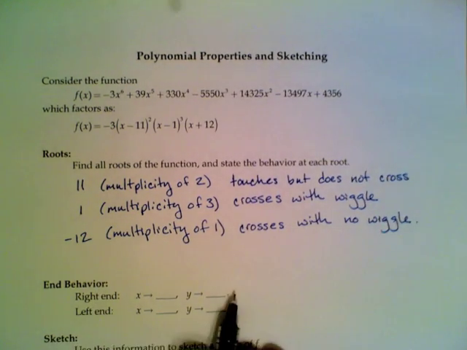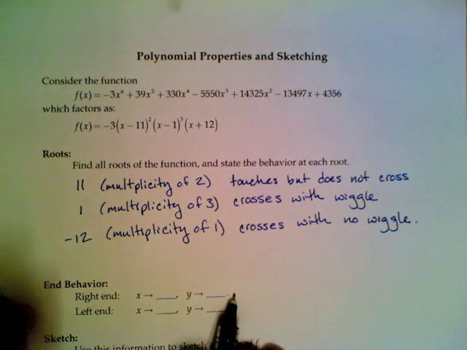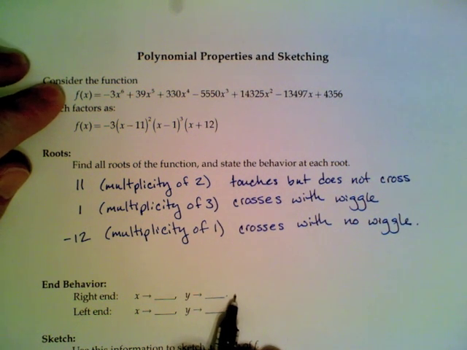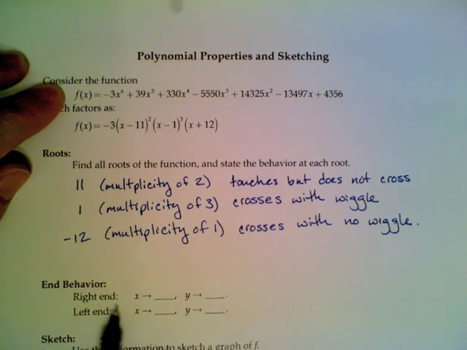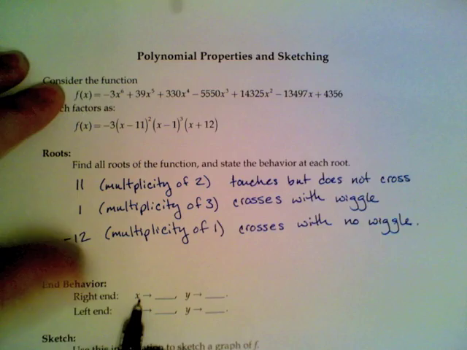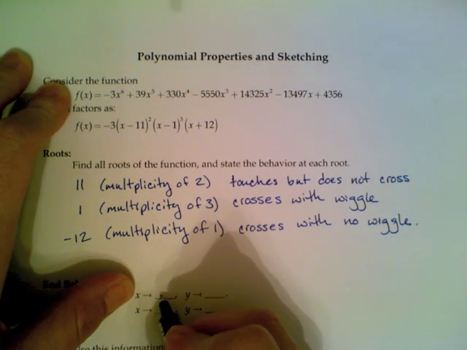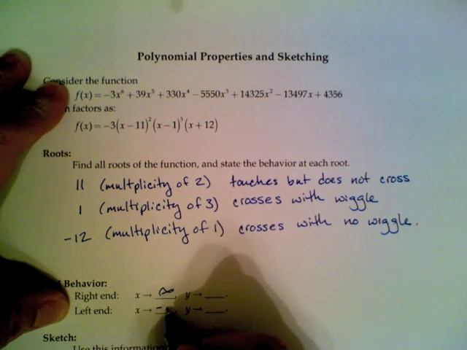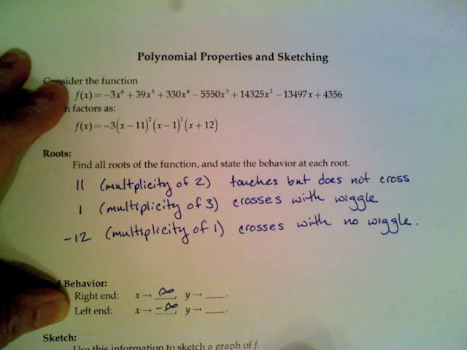So now I want to talk about the end behavior. The standard form of the function is going to be more useful for looking at end behavior. Now on the right end, remember, x always approaches infinity. On the left end, x always approaches negative infinity.